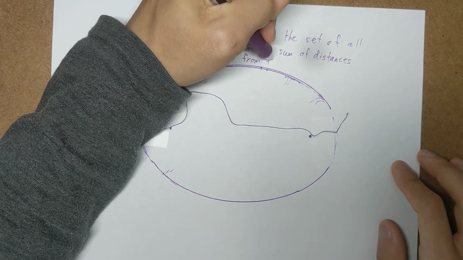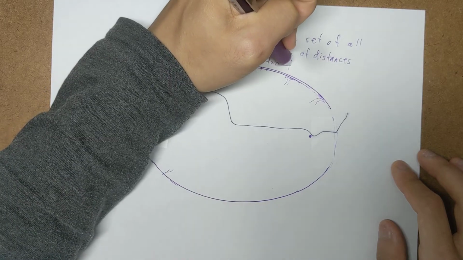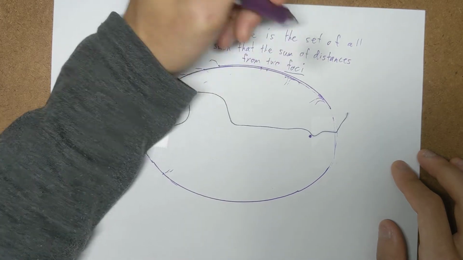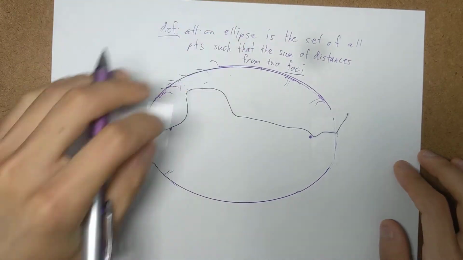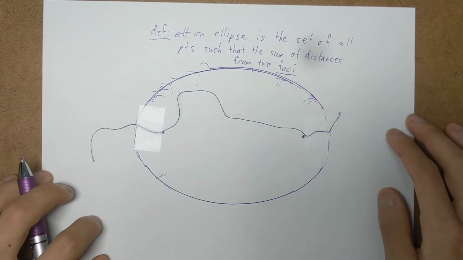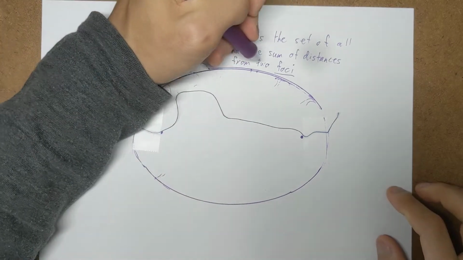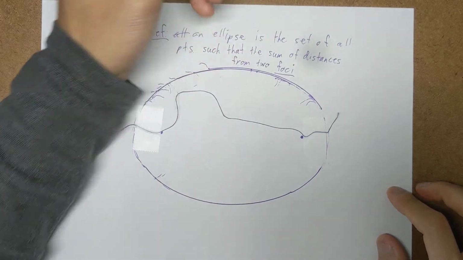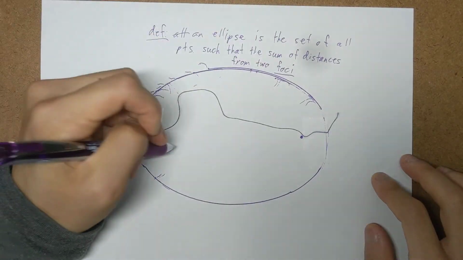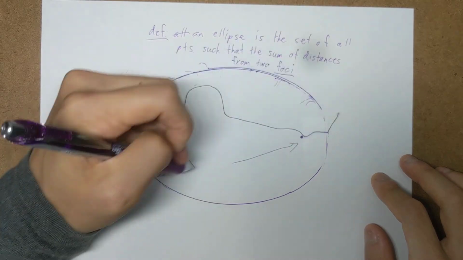I don't know how that word is pronounced, and I've been talking about this stuff for a long time. There is a correct way to pronounce it. I don't know what it is, and I don't care. The two foci are these 2 points.